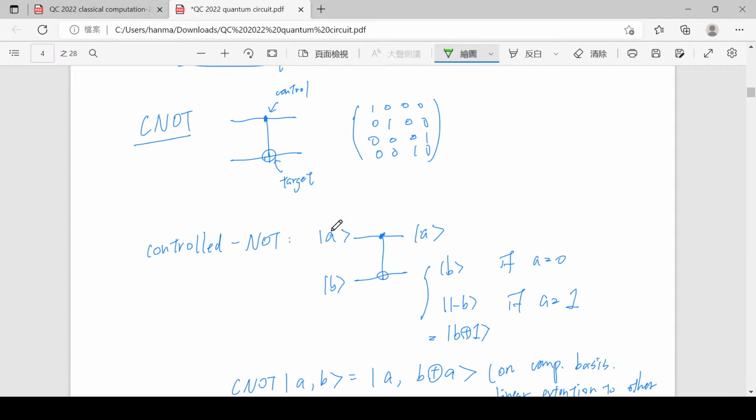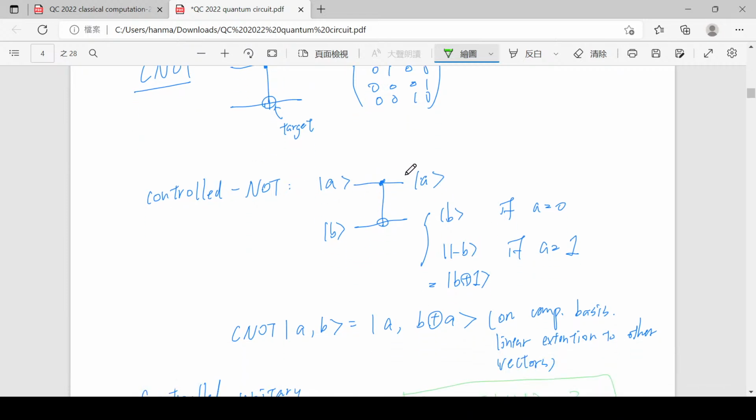And we say controlled NOT because when you put it into the computational basis, say A, B are computational basis states here, then this control qubit doesn't get changed, because the control qubit is used to control the target qubit. This gate will just read this control qubit, A. If A is 0, then it doesn't do anything to the second qubit.